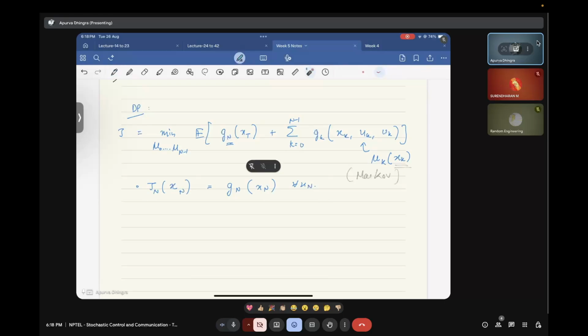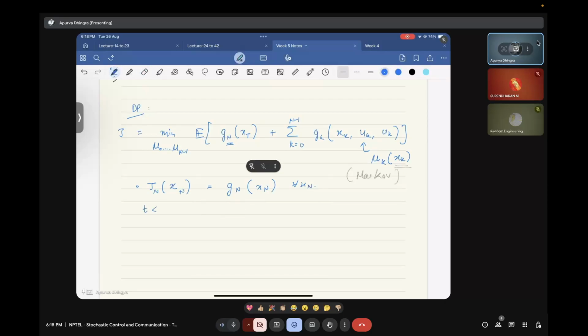And hence, the j star at this step gives us the very last point, like how to get to the last point, what is the best way to get there. After that, we go backward and we look at the remaining.